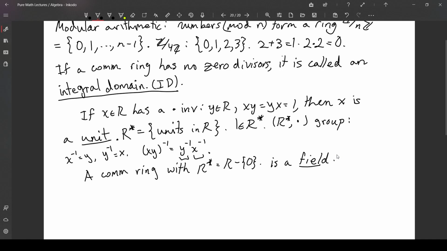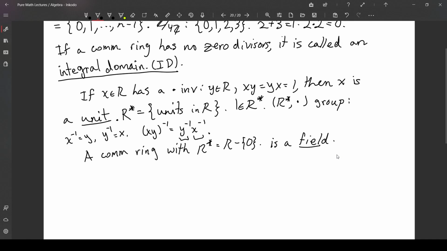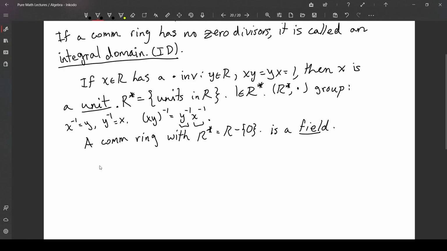So they are a type of ring, a very specific type of ring, where all non-zero elements have division, or inverses rather. And so as examples, z, the integers, is not a field, right? Because think about 2 inverse. There's no integer that multiplies with 2 to give you 1, okay? But Q, the rationals, the reals, and the complex numbers are fields.